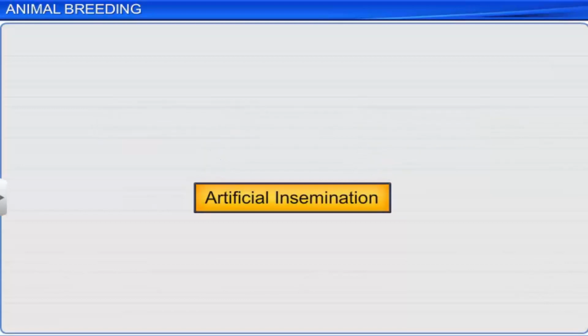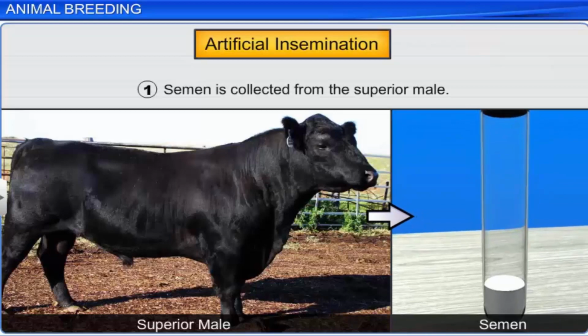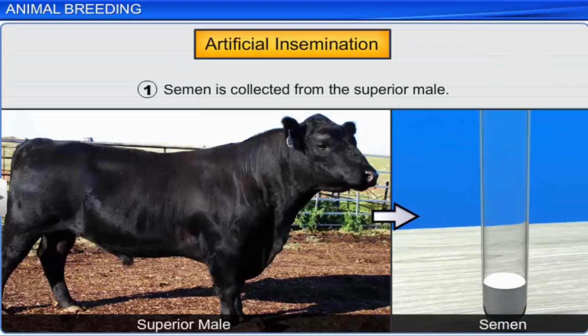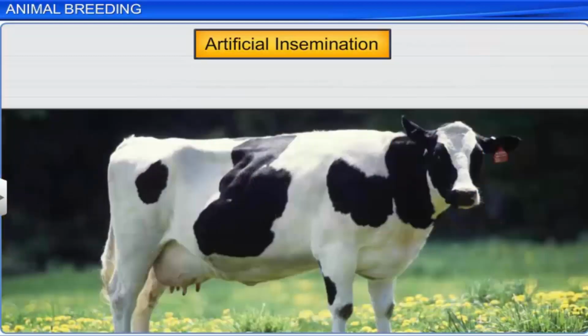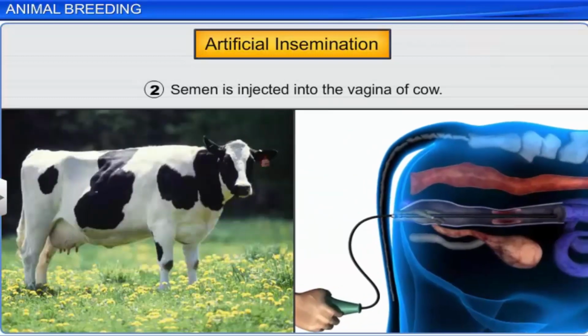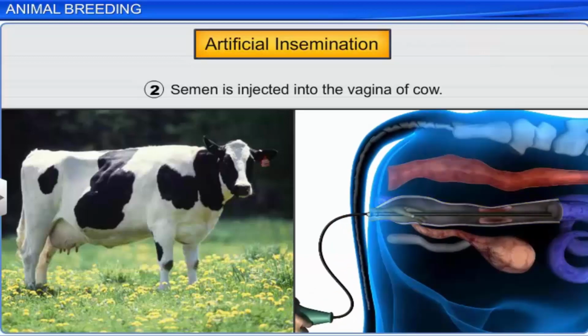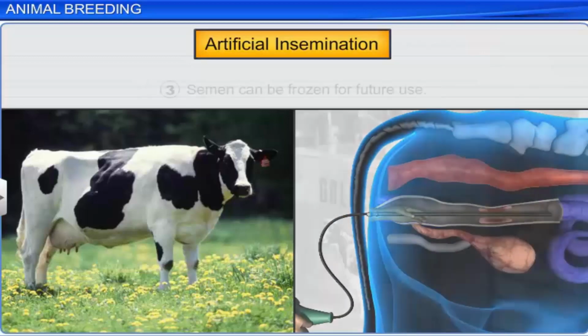In artificial insemination, semen is first collected from the superior male. The semen is then injected into the reproductive tract or vagina of the female animal, or can be frozen for future use.